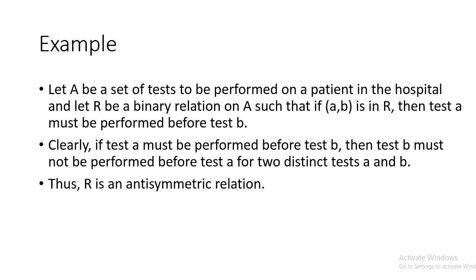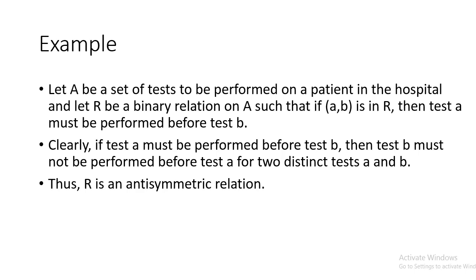So here A is given as a set of tests performed on a patient, and R is a binary relation which includes the pair (a, b), where a is a test and b is also a test.